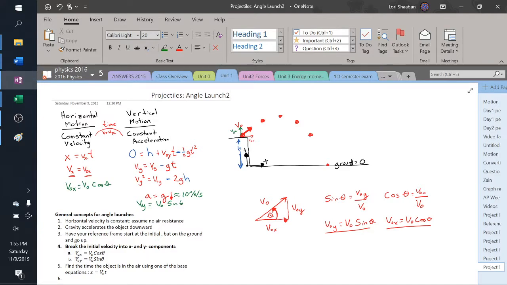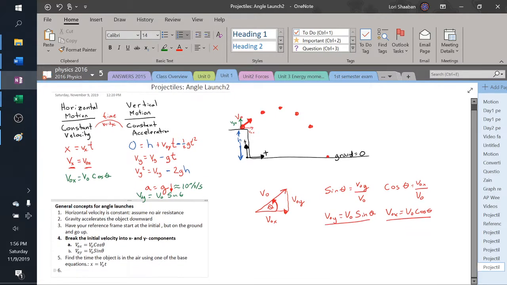All right, we're back again with projectile launching. We're going for an angle launch, and we're just trying to get a feel of how long that object's in the air. Number one, if it's on a cliff, let's go ahead and put the equation here.